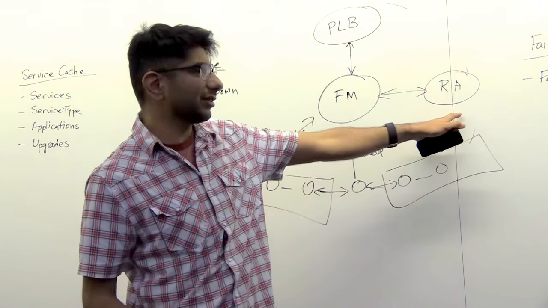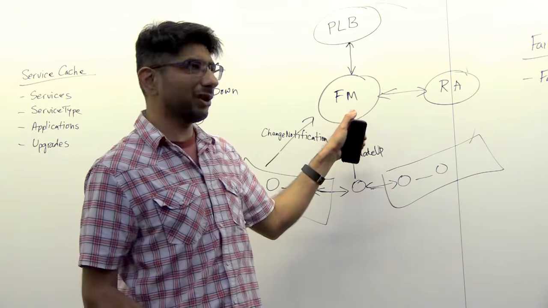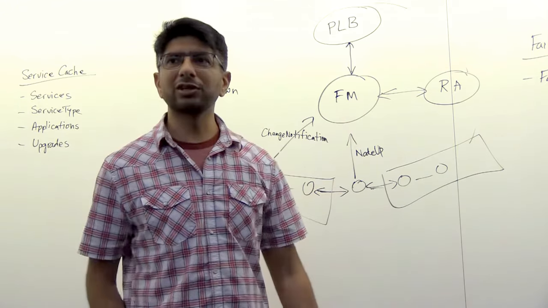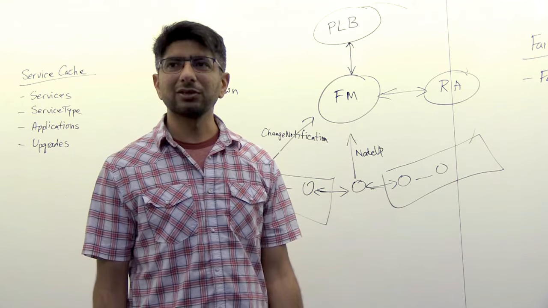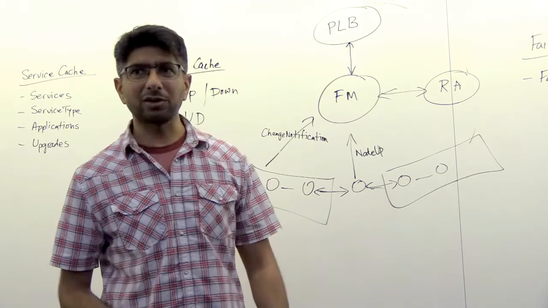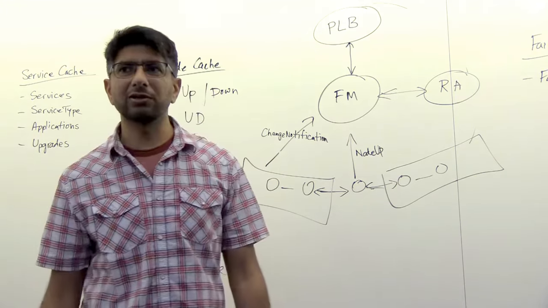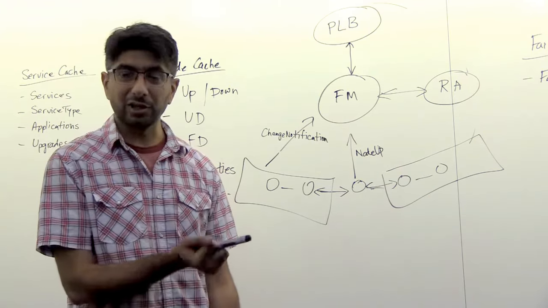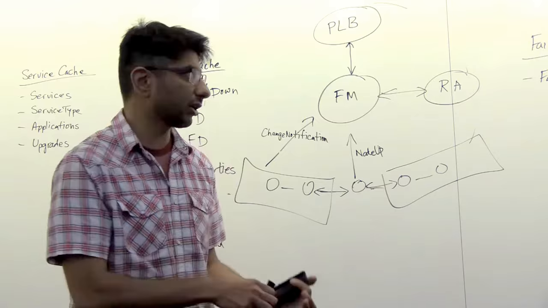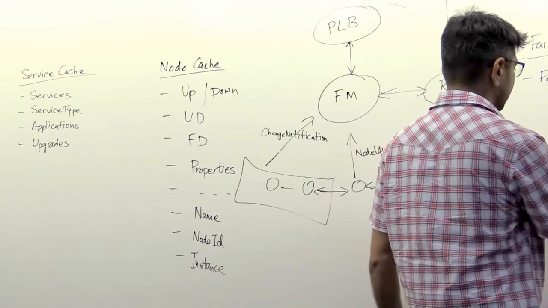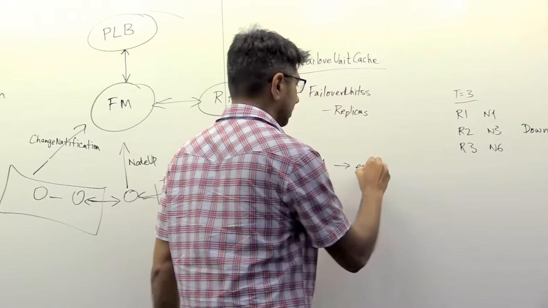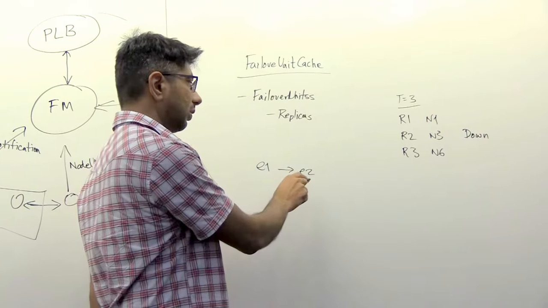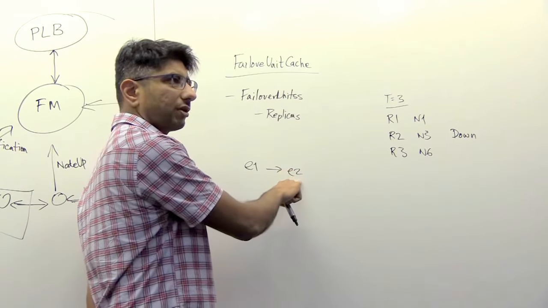So a message goes back to FM with all the progress details of the replicas. FM comes to know of the progress, and based on that, FM picks the replica with the highest progress and starts another reconfiguration, because whenever it changes, it's another reconfiguration. Let's say we started going from E1 to E2. We find out that the primary in E2 is not the most caught up.